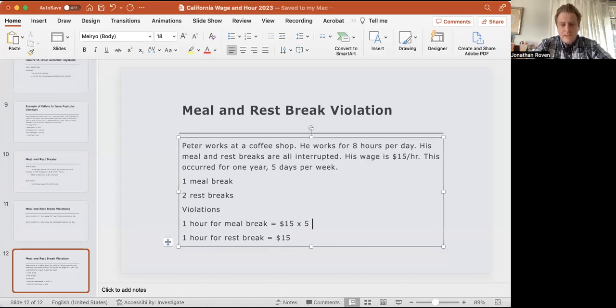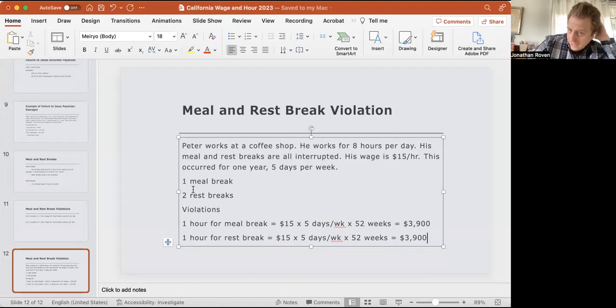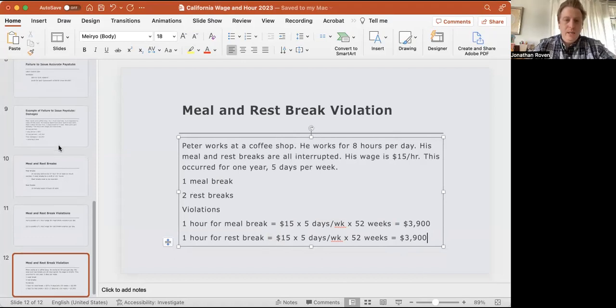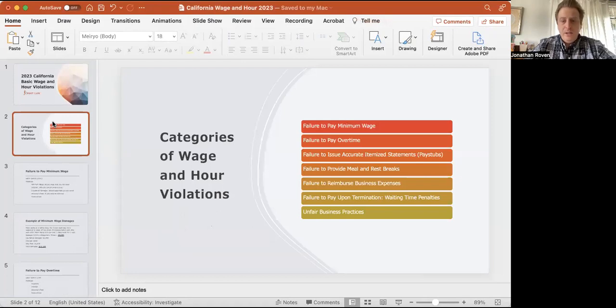If we calculate it, that'll be $30 times 5 days per week times 52 weeks, which comes to $3,900. Okay, that's meal and rest break violations.